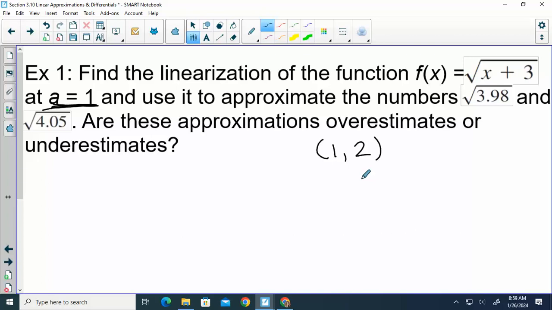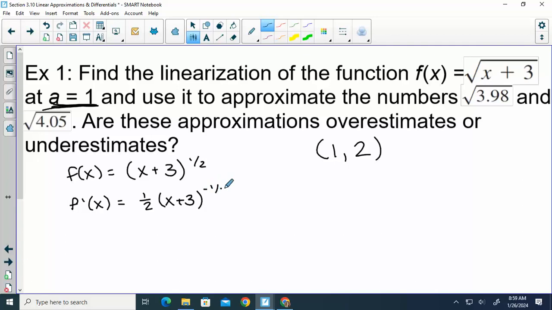So then if I want the linearization, I need this equation for the tangent line. To write the equation of a line, we need a point and a slope. We have the point. How do we get the slope? Derivative. Okay, so we know our function. The square root is the same as a 1/2 power. So our derivative: 1/2 comes down, inside stays the same, subtract 1 from the power, times the derivative of the inside, which is just 1.